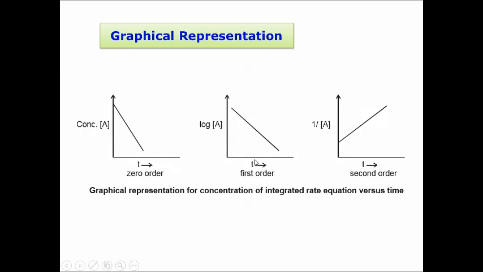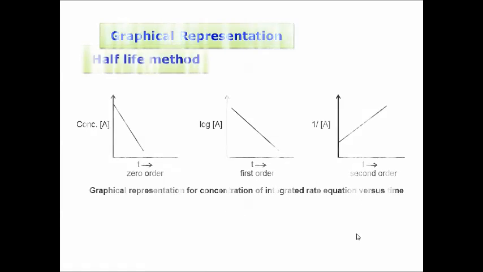Then for the first order, you can see log A versus t, you can see again a decrease is there. What about the second order? 1 by molar concentration of A versus t, when you plot, there's an increase with an intercept. Right? These are the graphs for concentration of integrated rate equation versus time.